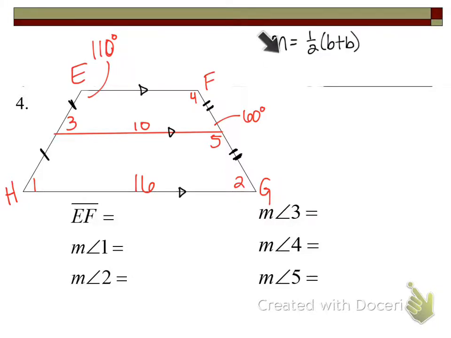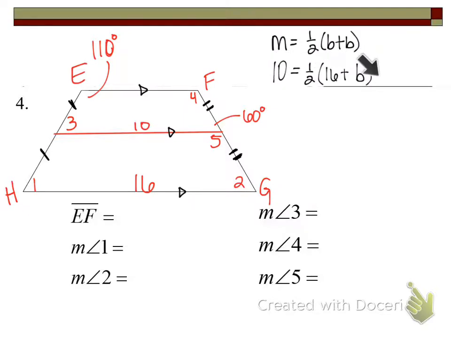But this time they gave us the median. What was the length of the median? 10. What's one of our bases? 16. And the other base is the one we're trying to find. Are we all good with how I plugged into that formula we had on the front?